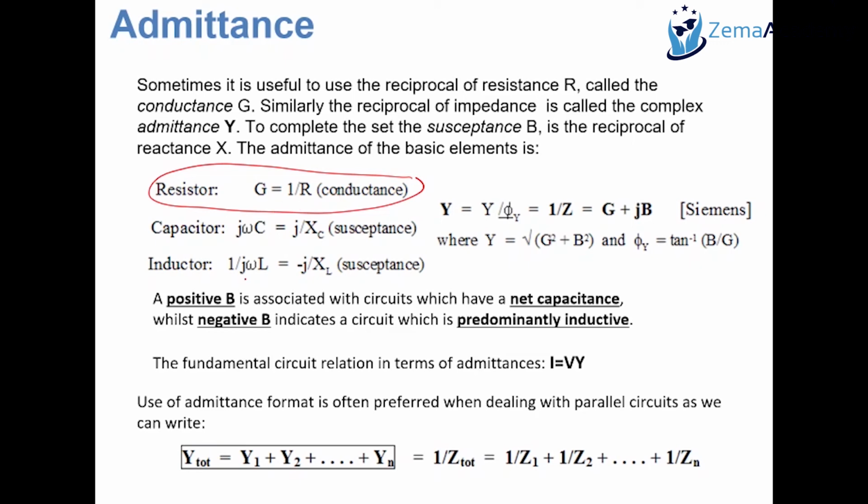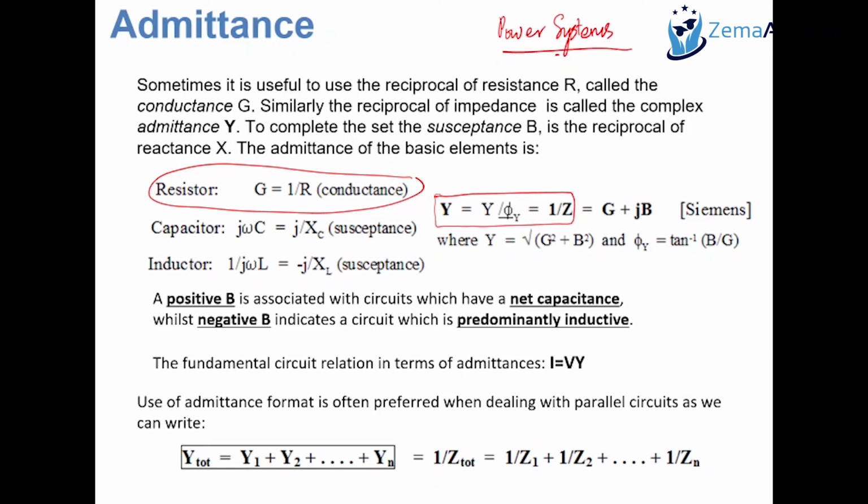Conductance G is 1 over R. Similarly, admittance Y is 1 over impedance. And the only place that I know where you use admittances is when you do the module called power systems. That's when you'll come across admittances.